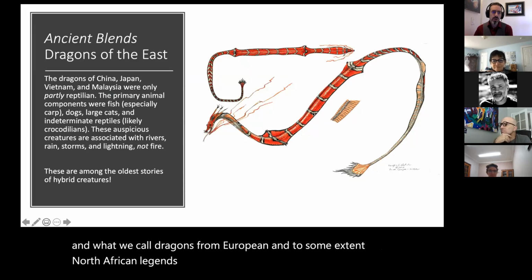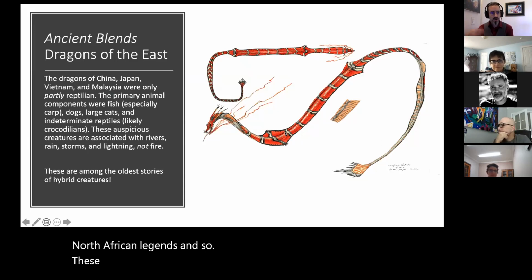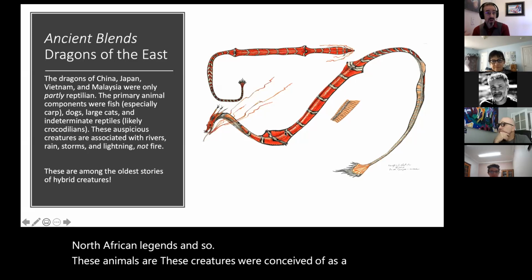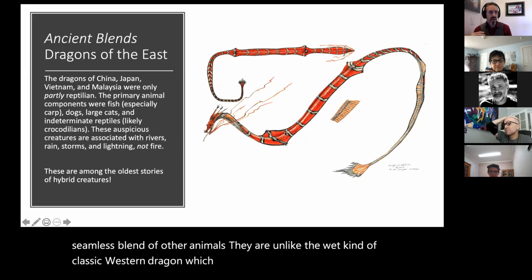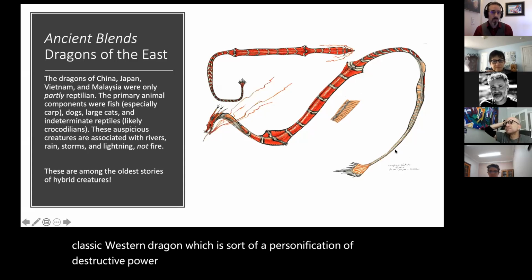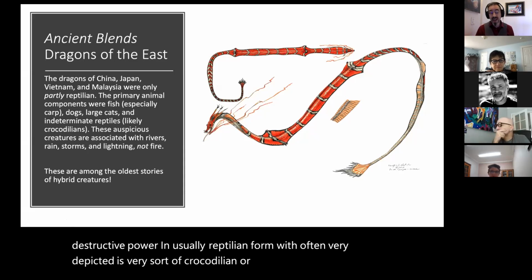These creatures were conceived of as a seamless blend of other animals. They're unlike the classic Western dragon, which is a personification of destructive power in usually reptilian form, often depicted as very crocodilian or lizard-like with additional flight ability.